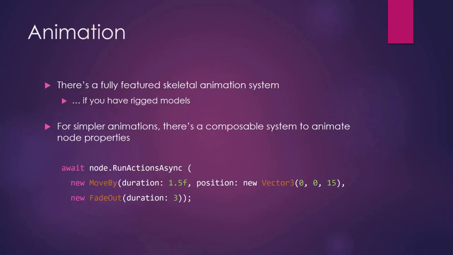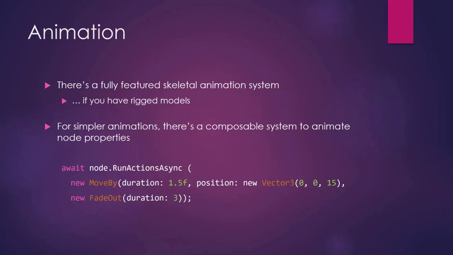For example, in the game that I made, I used this animation for pickups. When you picked up a pickup, it would move upwards a little bit and then fade out. And then I awaited that and destroyed the node right after that.